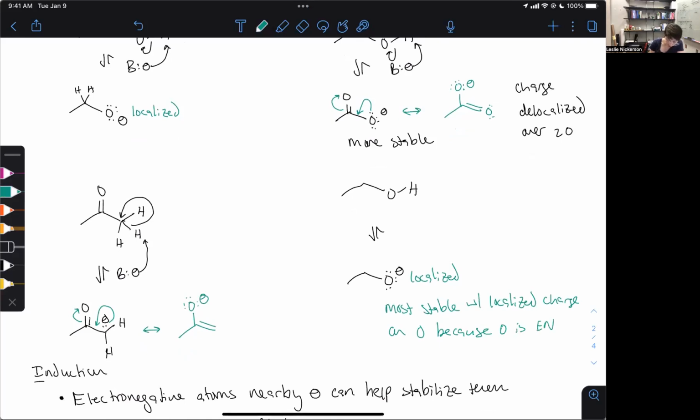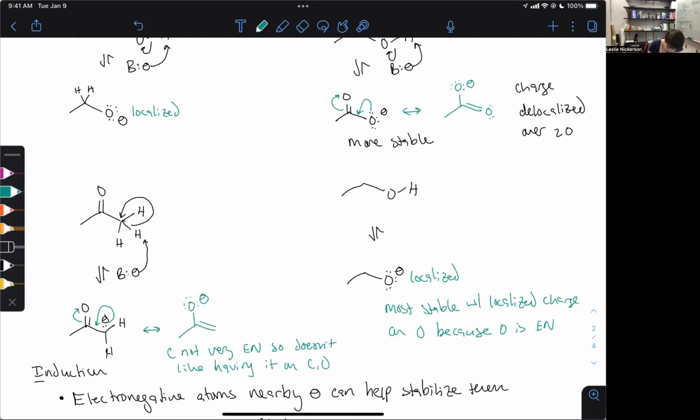So the delocalized charge over here, it's not happy to share it between oxygen and carbon. That charge doesn't really want to be on the carbon and the oxygen. It's actually better off just being on the oxygen. Now, if I change that carbon to an O and I had an OH, then that would certainly be more acidic.